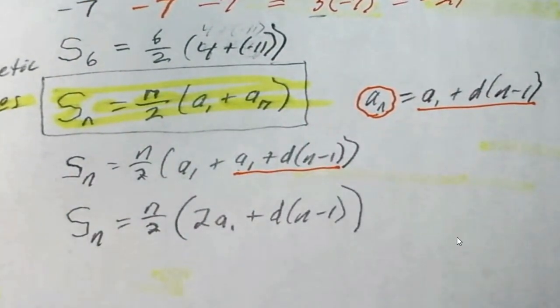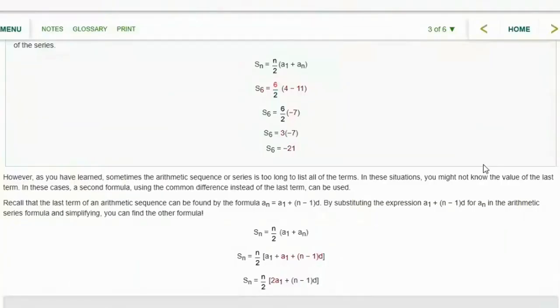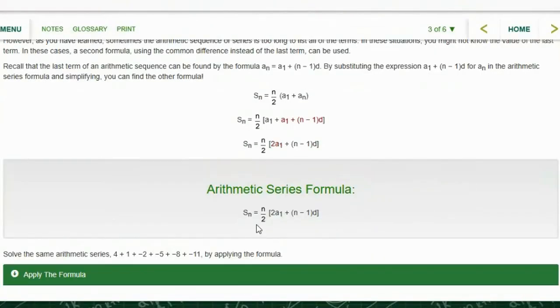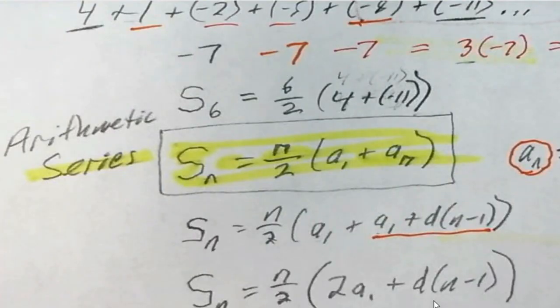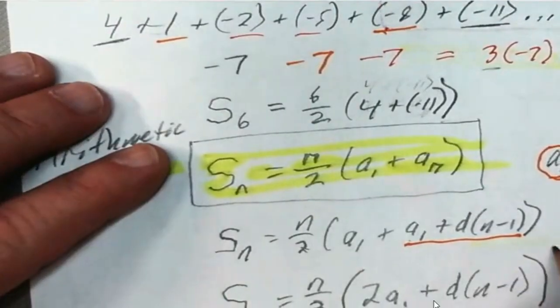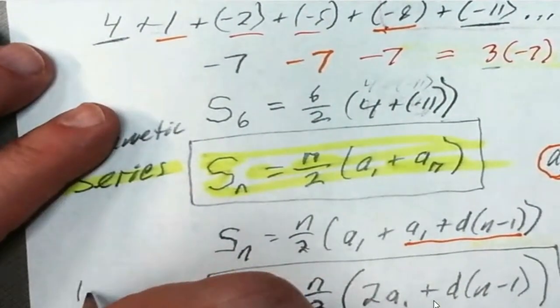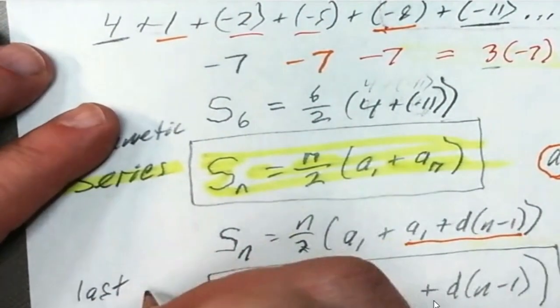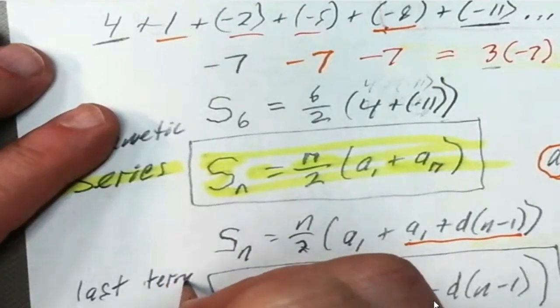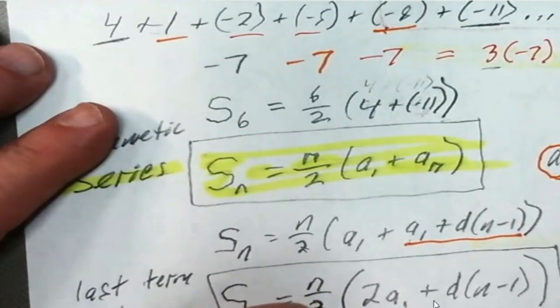So n divided by 2 times the first term plus d times n minus 1. Let's see, is that what they gave us as our final? Yes. n divided by 2 times the first term plus the d times n minus 1, whichever way. So this is an alternative if we do not know the last term. Last term unknown.